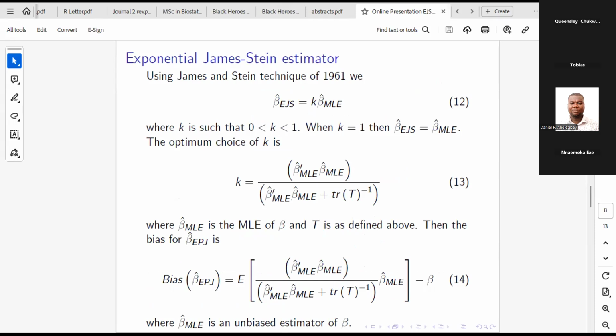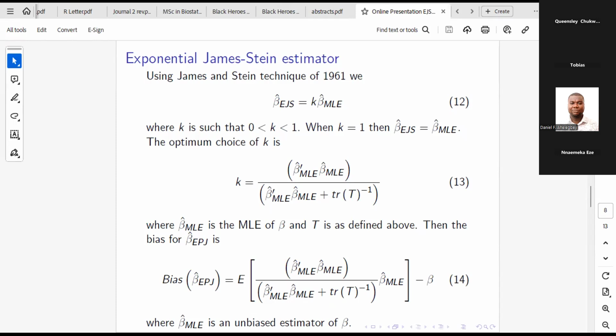Therefore, with that, we can look at the exponential James-Stein estimator, which I'm calling AJS. So using the James and Stein technique of 1961, we would know that to shrink the maximum likelihood estimator, beta hat, we would choose a coefficient to multiply it, which would be between 0 and 1, and that gives us the advantage in the mean square error.